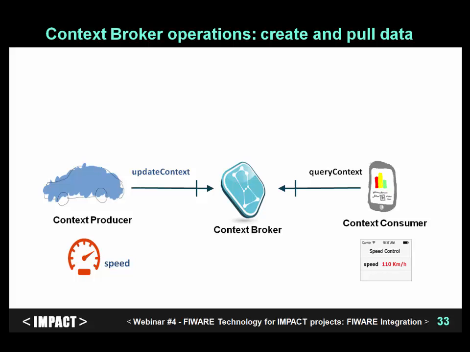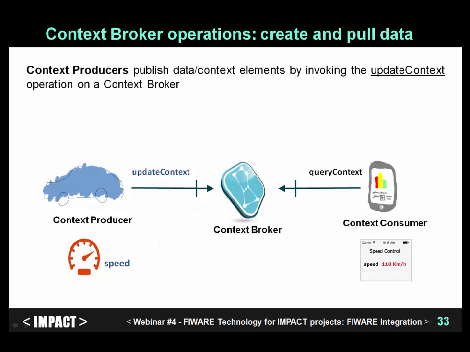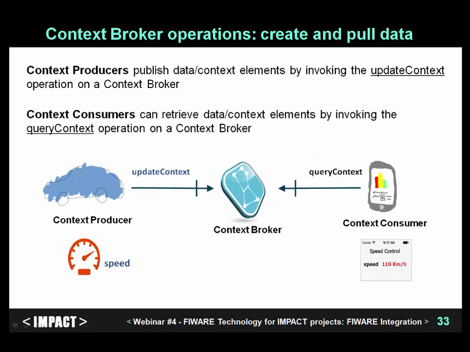So context broker operations consist of the creation and pulling of data. Context producers publish data elements by invoking the update context operation on the context broker, whereas context consumers retrieve data elements by invoking the query context operation on the same context broker. So in a way, the context broker is in the middle of it all, connecting consumers with producers.